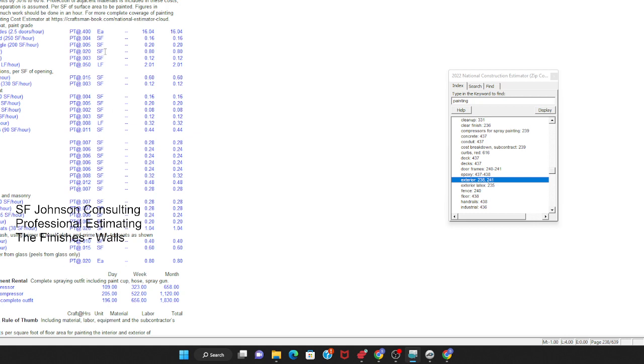Not only for the cost of material, because you're going to always cross-reference that with your supplier, but the main thing is so you can determine accurate labor. So if you know you have 3,500 square feet of smooth wood siding, you're going to multiply this number by 3,500, okay? And that'll be your man-hour total.